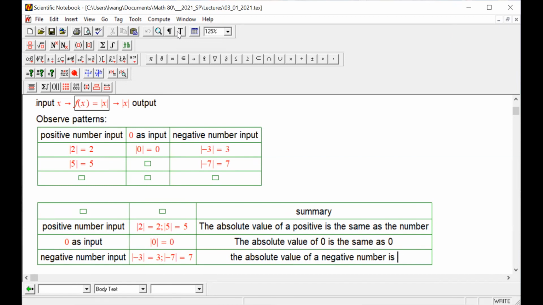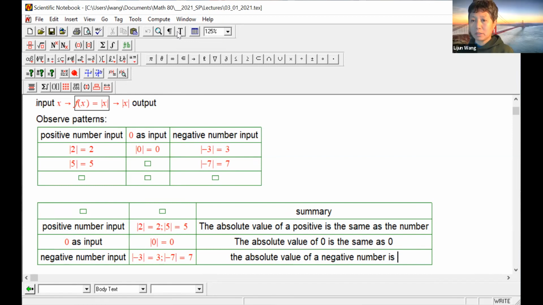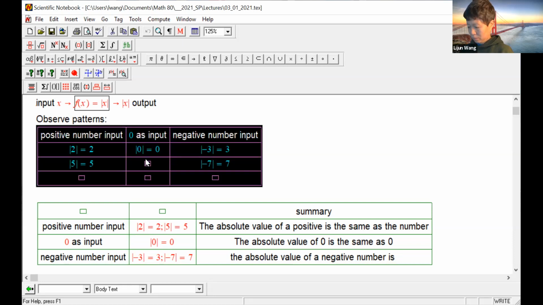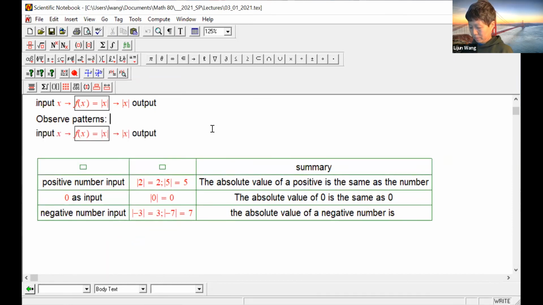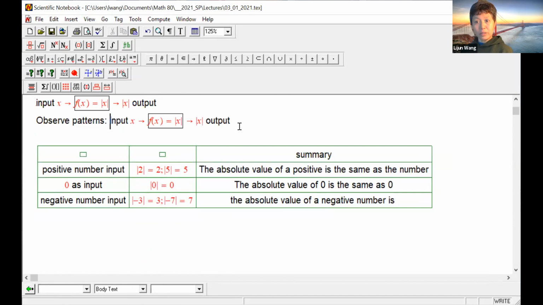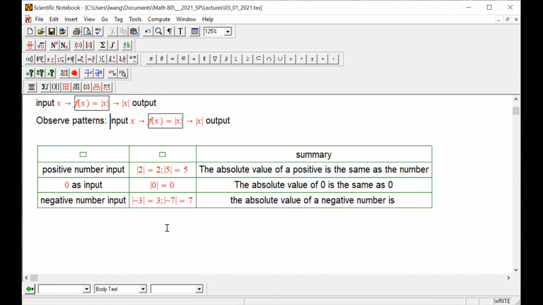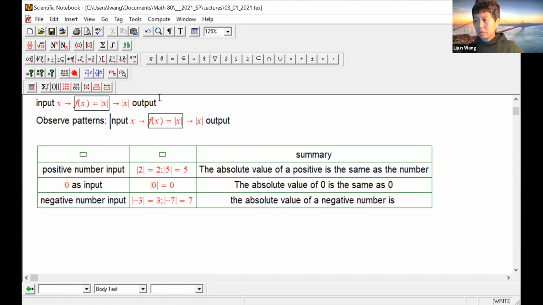That it turned out to be positive. Yes, they're going to be positive. But how is it related to the given input? The output certainly is always positive or 0. But how is the output related to the input? Are they related somehow? They have the same number.